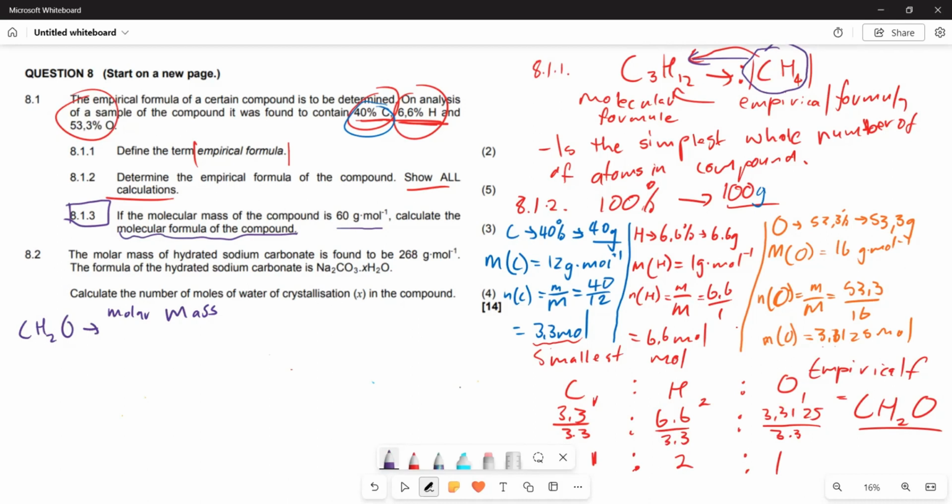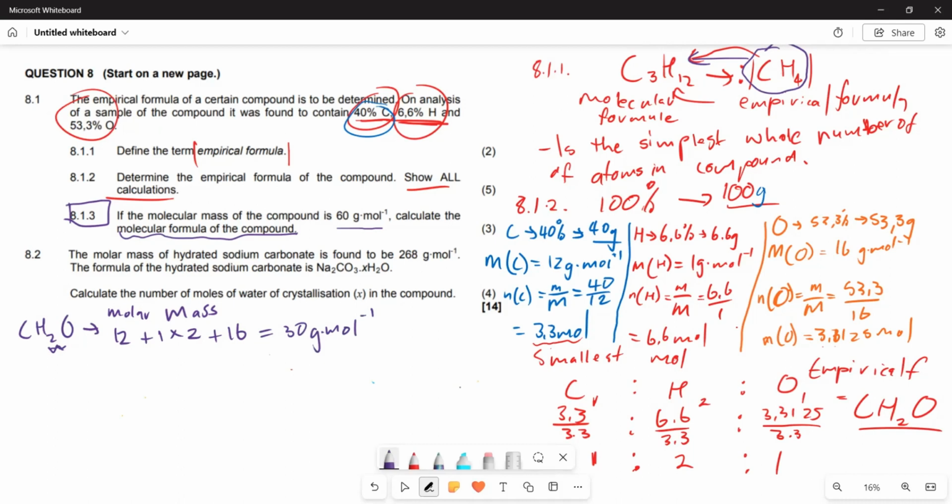The molar mass, remember, you're having 12 plus 1, which is the molar mass multiplied by 2. Remember, you are having a subscript of 2 here, so you're going to multiply it by 2. Then plus your oxygen, which is 16. So the totality of your molar mass that you're going to find here is going to be 30 grams per mole.